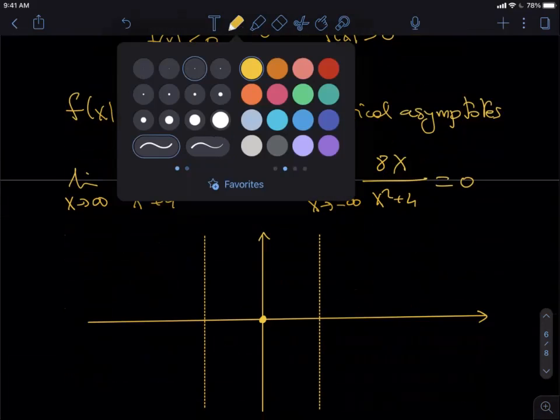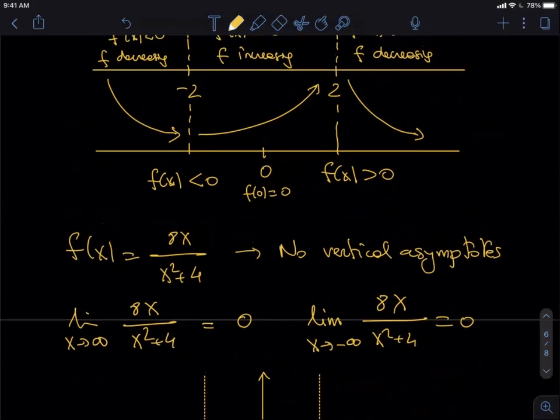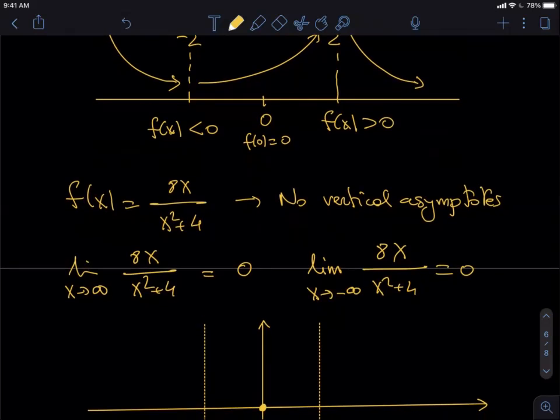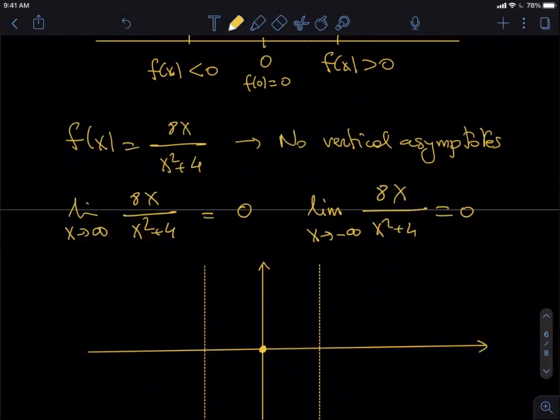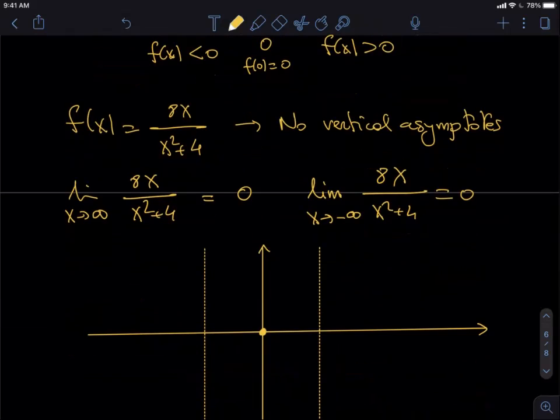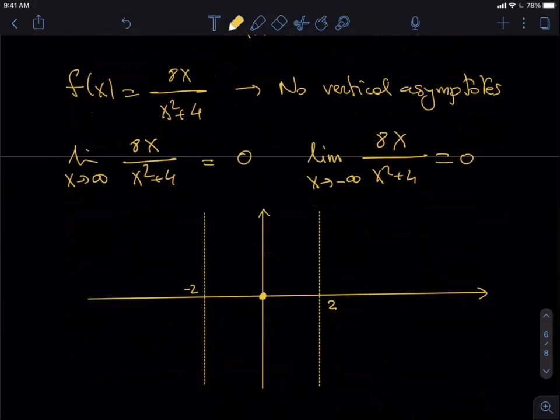And we have that the function is decreasing all the way to -2, then increasing all the way to 2, and then decreasing. If we want, we can evaluate f of -2 and f of 2 to see the exact value. But let's say it's somewhere here and somewhere here.